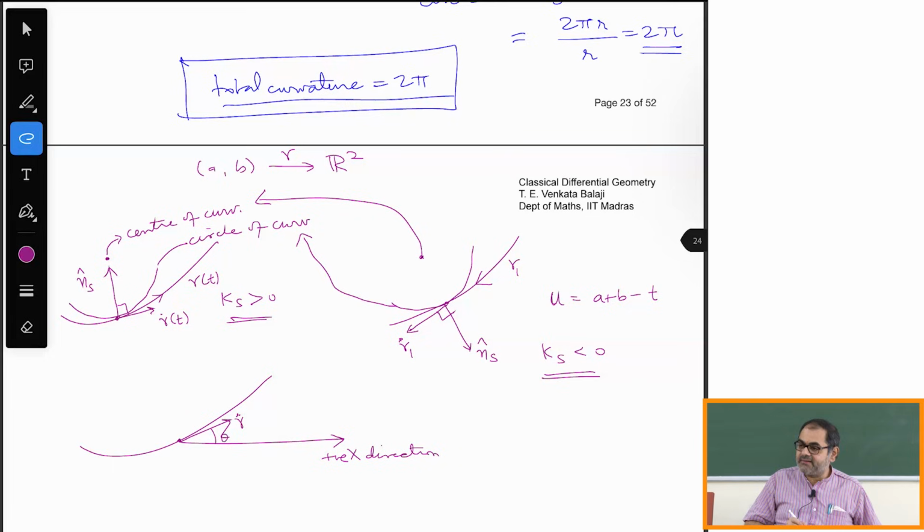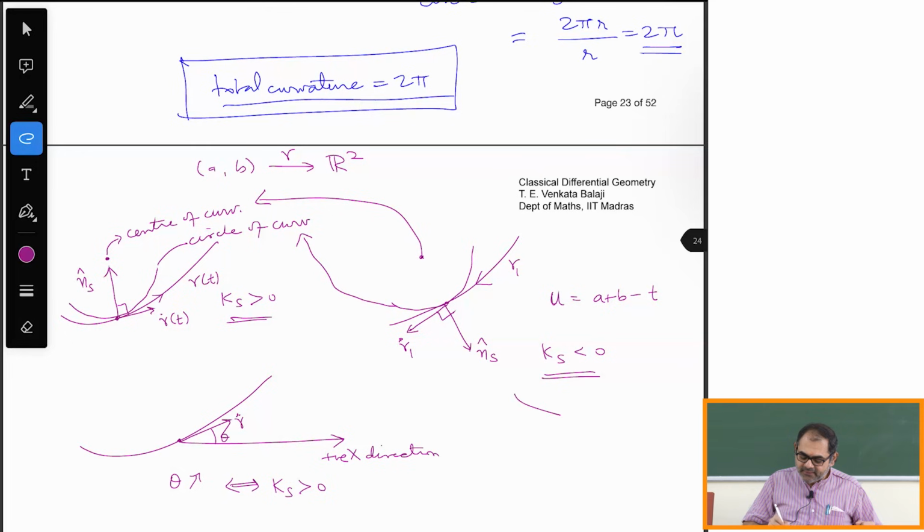If you take it like this, in the case of positive curvature, as you traverse the curve you see that the angle is increasing, so theta is increasing, and this increase is going to be captured by the positive curvature.